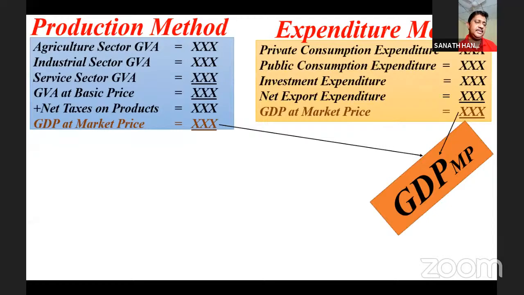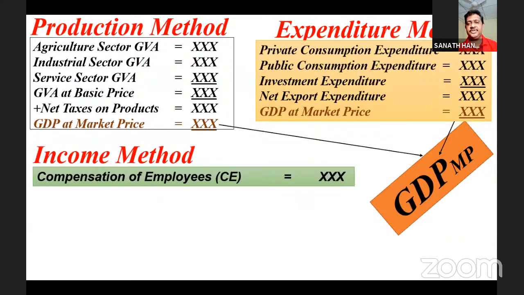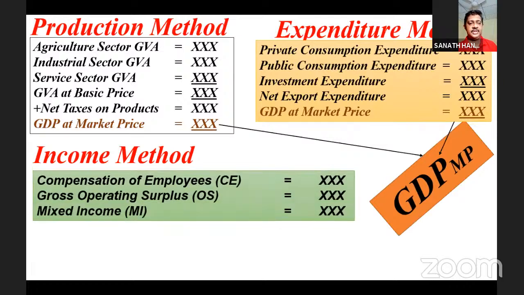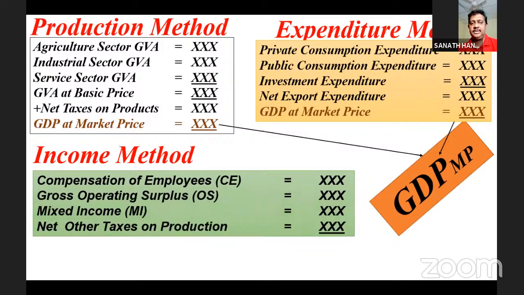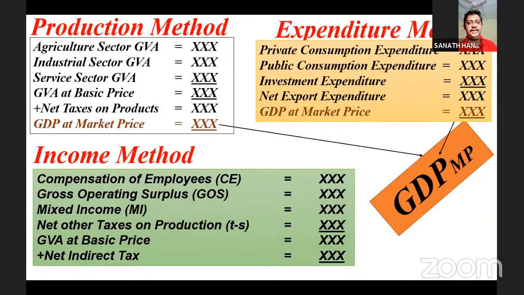Then the income method: compensation of employees, gross operating surplus, mixed income, net other taxes on production equals gross value added at basic price, add net taxes on products or net indirect tax equals GDP.